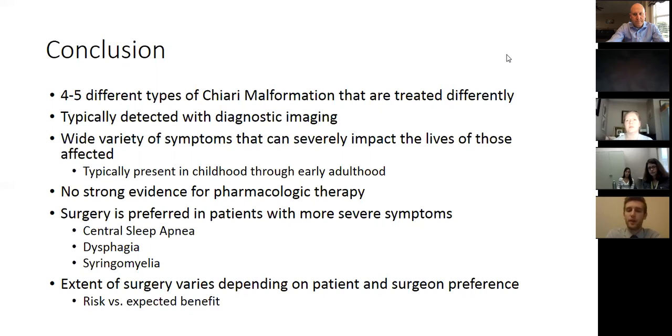Surgery is going to be preferred in patients with more severe symptoms, so those experiencing central sleep apnea, dysphagia, or syringomyelia. They're probably going to be your best surgical candidates as far as risk versus benefit, as the surgery is very risky.